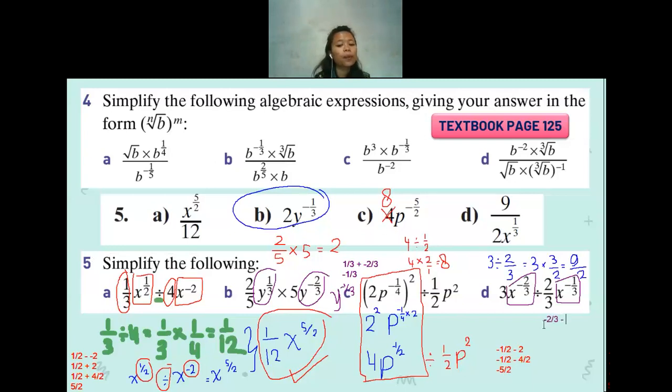So negative 2 per 3 minus negative 1 per 3. Now we can change minus and negative into addition. It will be plus 1 per 3. So in the end, we have negative 1 per 3. So the final answer, we will have it as 9 per 2 of x to the power of negative 1 per 3.